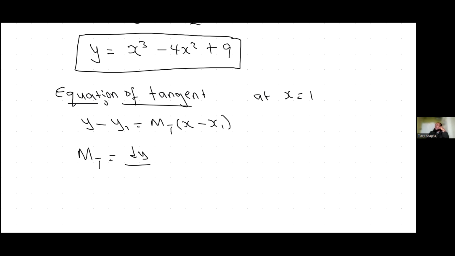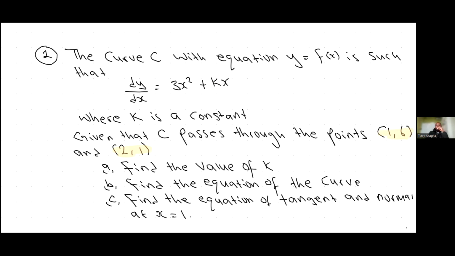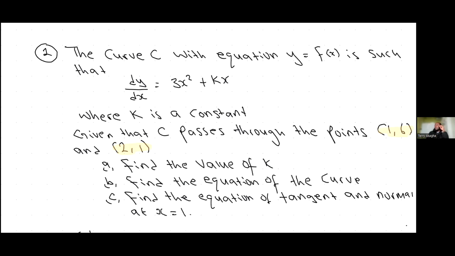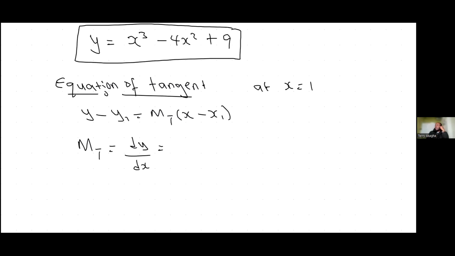We're already given dy over dx in the question: 3x squared plus kx, but we now know that k is -8, so it becomes 3x squared minus 8x.